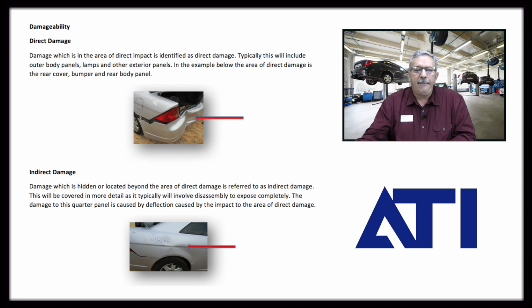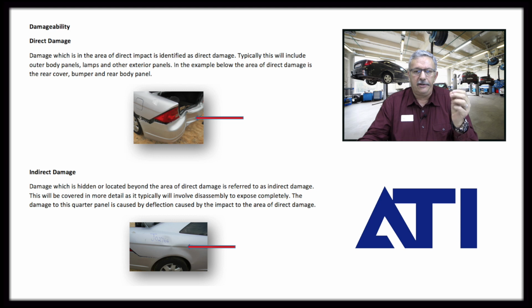So let's look at the damageability. As we go through this now, we know we've got to disassemble parts so that we can identify damage. Even with the smaller engines, we're crowding the engine box, we need to remove things. We know those things are going to happen.